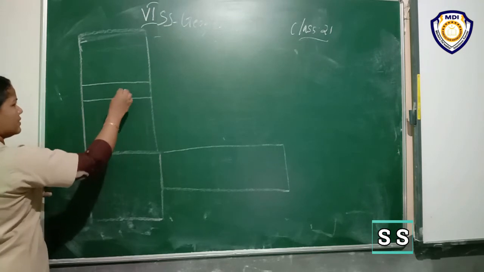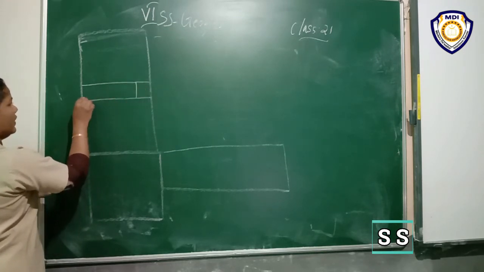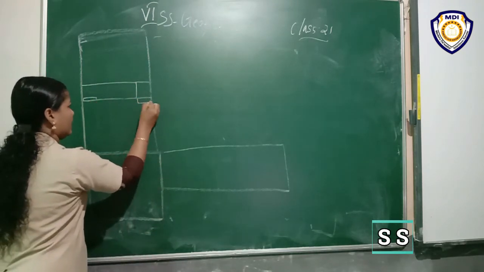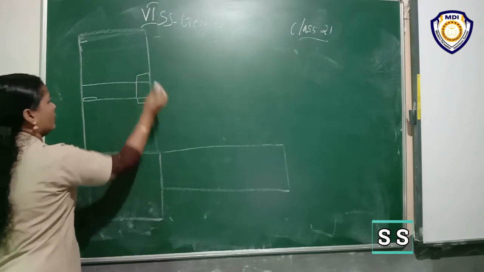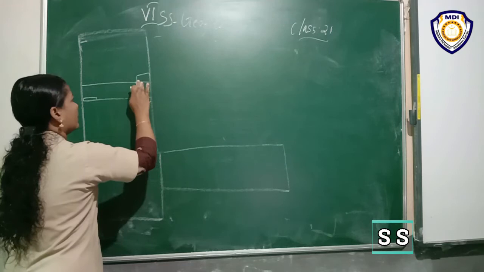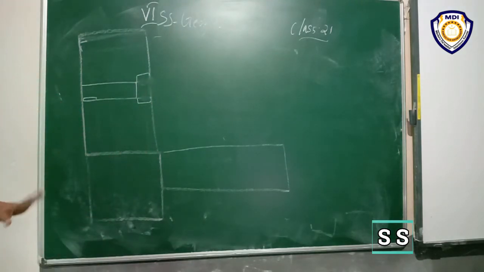Here one entrance, the middle of the bedroom. Here one bathroom. Then here door, then here door. Then okay, here also entrance. That's why I avoided here.